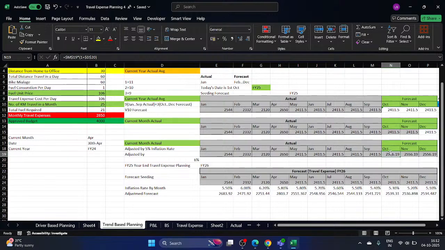So for the purpose of forecasting, this is actually a trend. We can see here, this is actually a trend, and by adopting this trend till the September month, when we have to forecast the October month of travel expense, what we have to do is first select that figure.